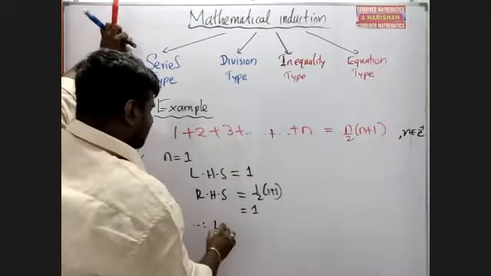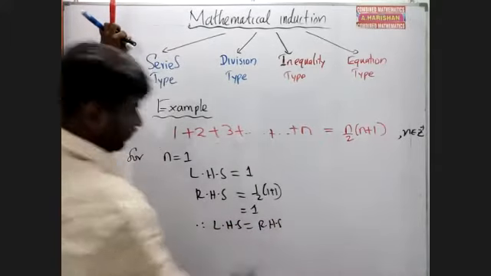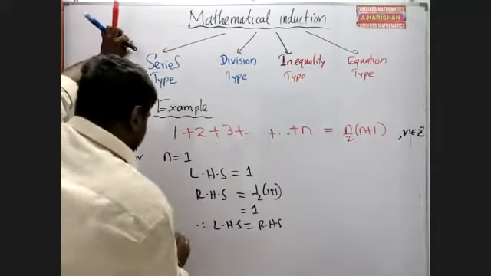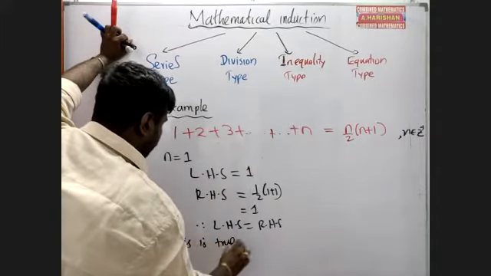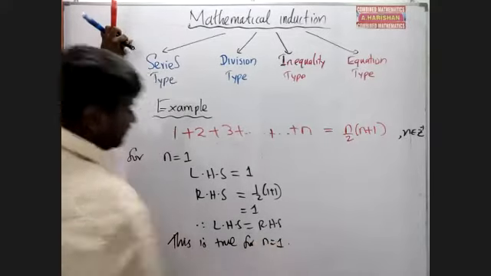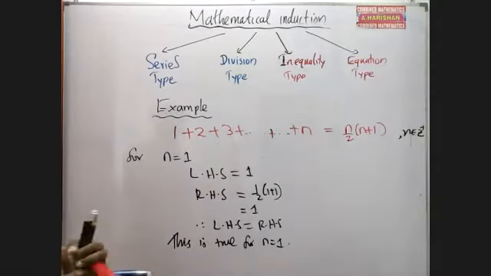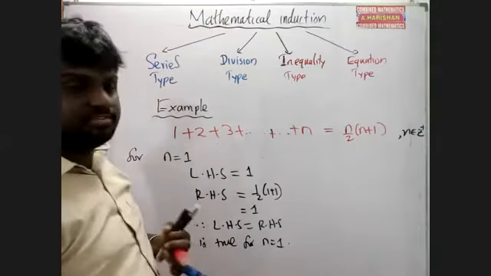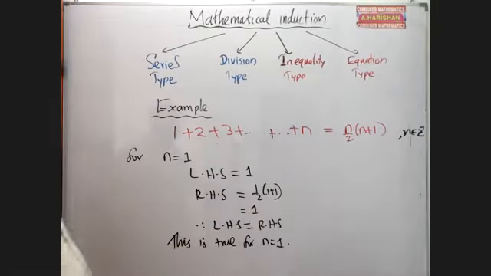So you have to say that LHS equals RHS, and then that this is true for n equals 1. Write this down; this is the first step. Up to here you have to write, but the process isn't finished, we have to go through the rest.